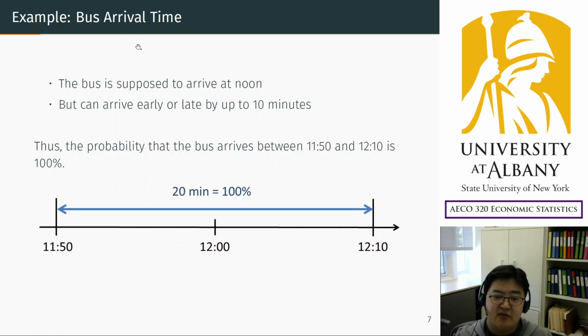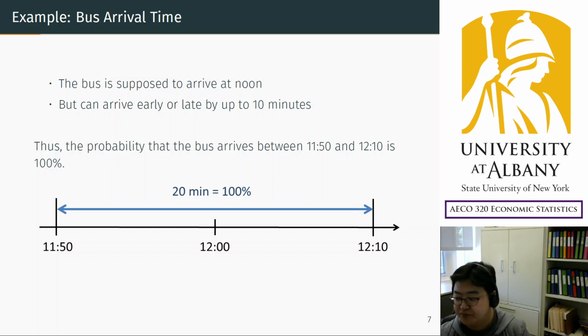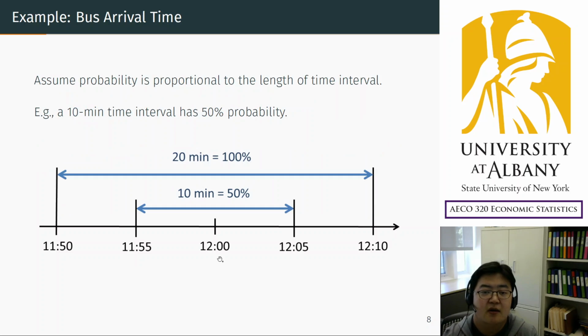We know that the bus arrives within plus or minus 10 minutes around noon. So it's 100% that the bus arrives within this 20-minute time window. That's our starting point. Then we are going to assume that this is one possible way to describe the probability distribution.